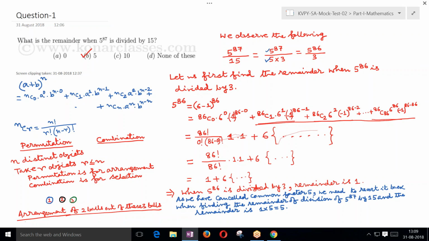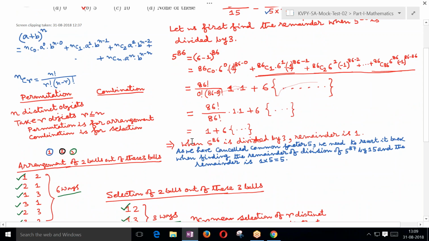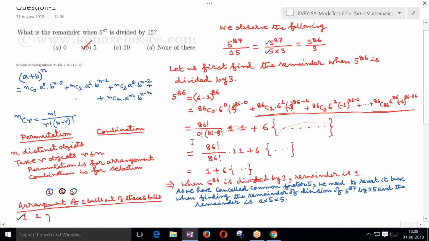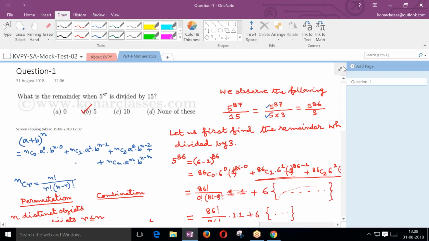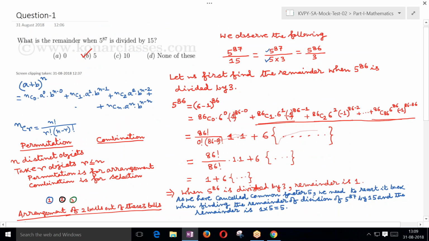Sir, but I didn't understand how 0 factorial into 86 minus 0 factorial became 86 factorial. Oh, okay. So you are talking about this thing. Thanks for asking the question. So let me explain this. Questions are very good. Always ask questions.